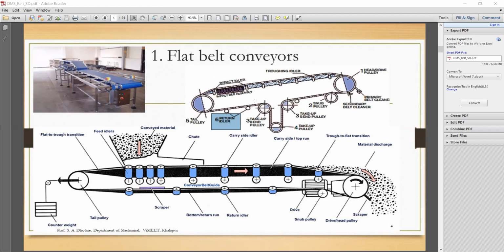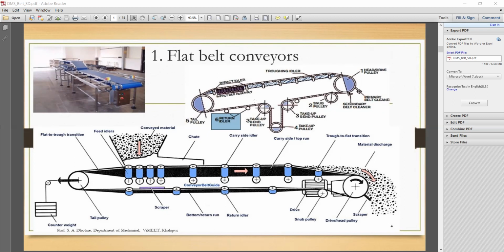In the belt carrying idlers, we normally use them for support, and the number of idlers in the upper run is more as compared with the return idler or lower idler, because the load carried by belt as well as idler takes place only in the upper direction.